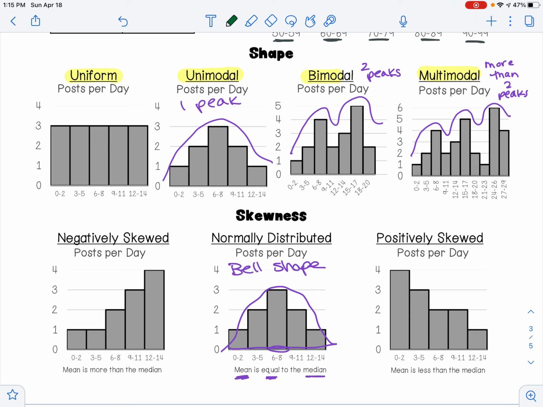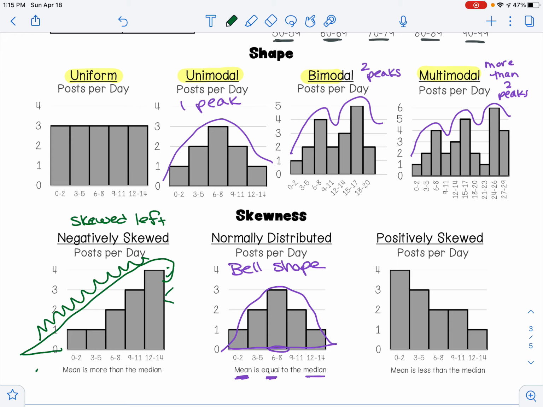Negatively skewed is also sometimes called skewed left, and that is because the tail is on the left side. One way that I remember if it's negatively skewed or skewed left is I draw a dinosaur. And my art skills are not the best, but you're going to get the idea here in a second. Alright, so here is my dinosaur.